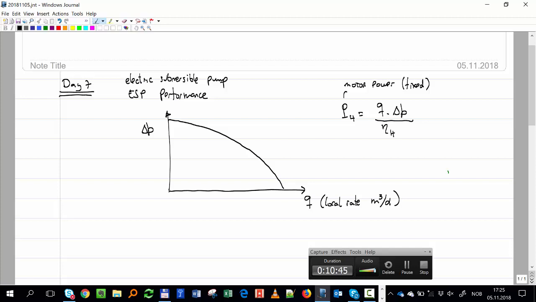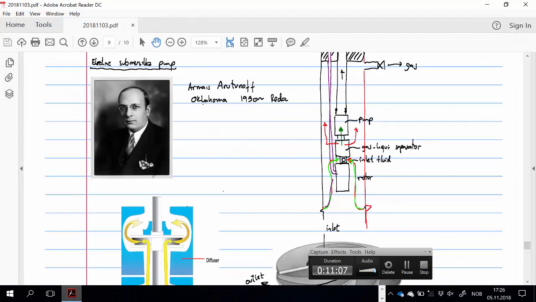How it falls on a curve like that, and every combination that you have in the well, every Q, this is Q at the pump inlet. So every Q star and delta P star, we already saw from last class, right?